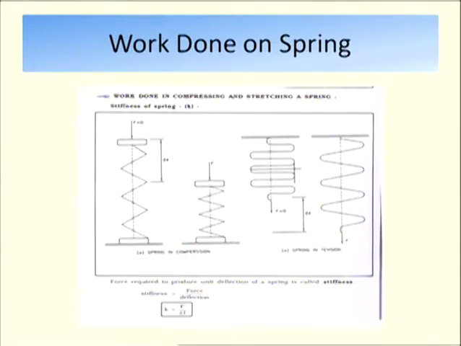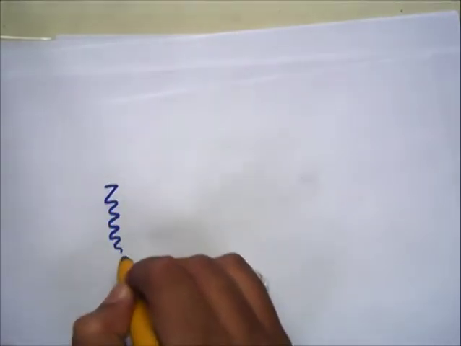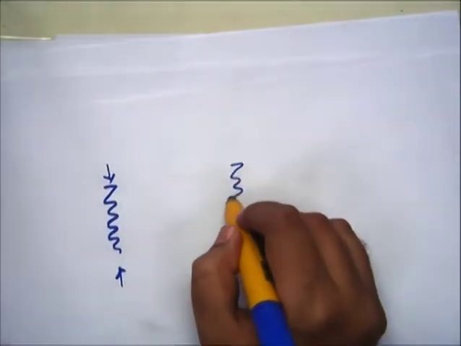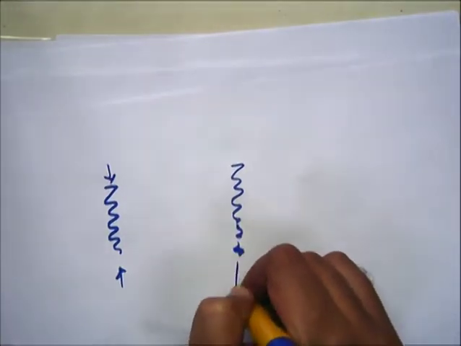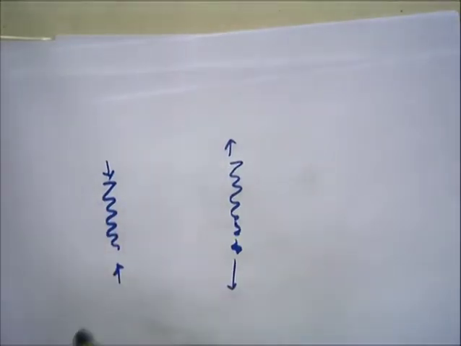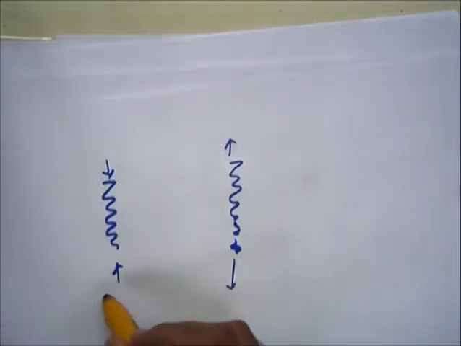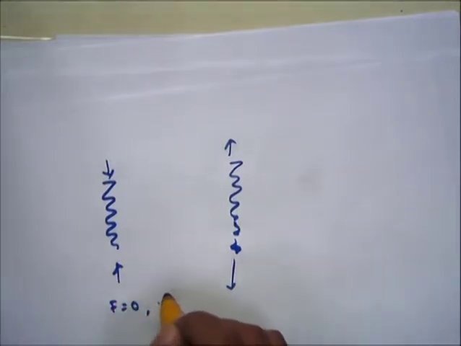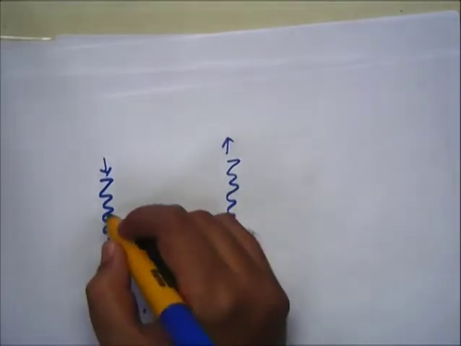Now let us discuss work done on a spring. In this case there are two cases. Suppose a spring is there, we can compress it or we can stretch it. In both cases work is done. Suppose initially F is equal to 0 and it reaches F in both cases.